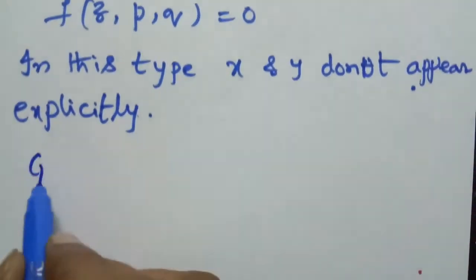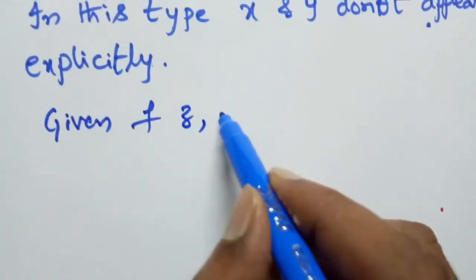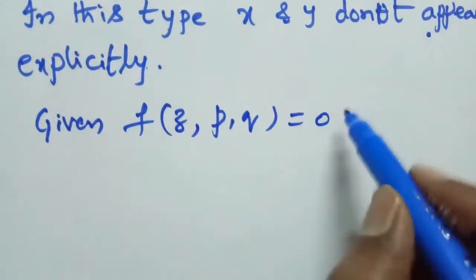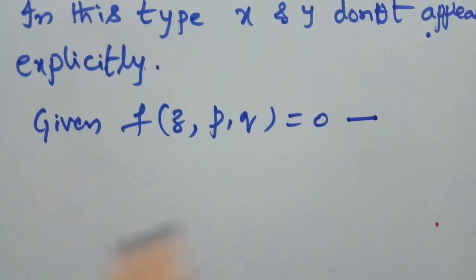So therefore, write down the given equation. Given f of z comma p comma q equal to 0. Say this is equation number 1.